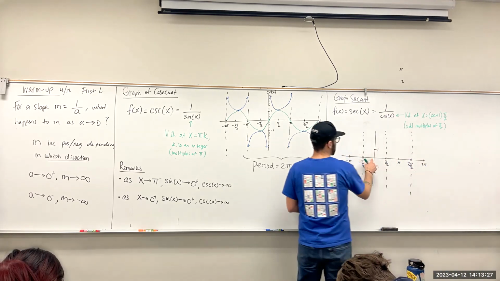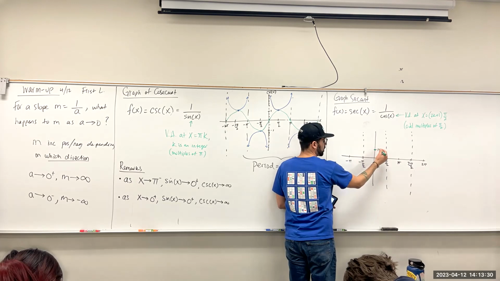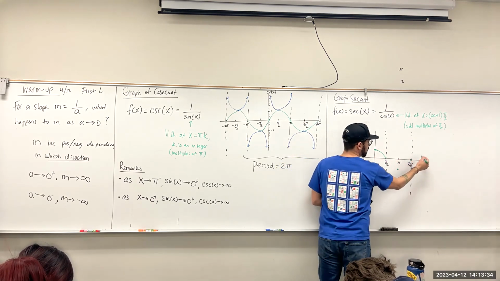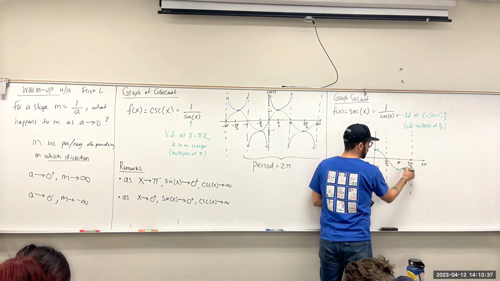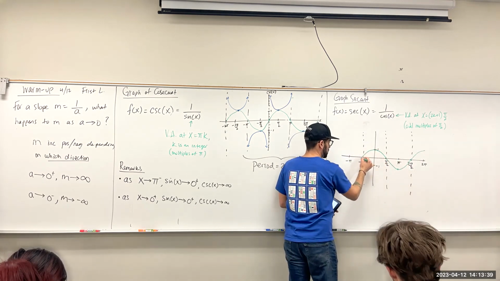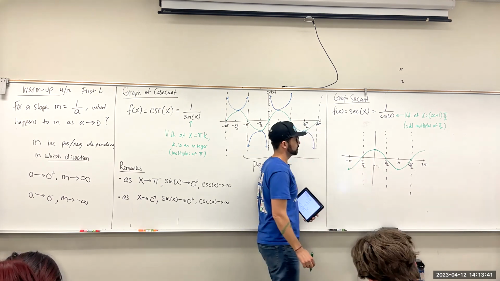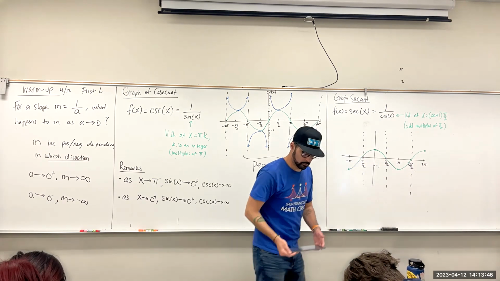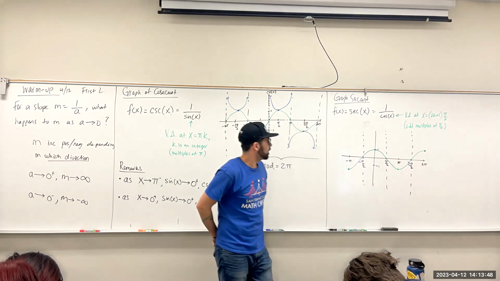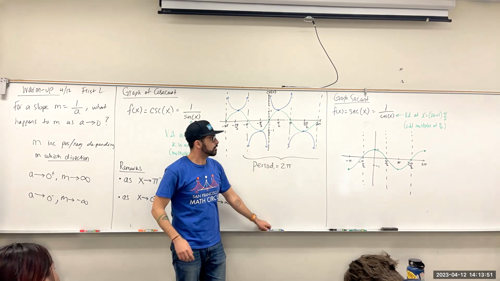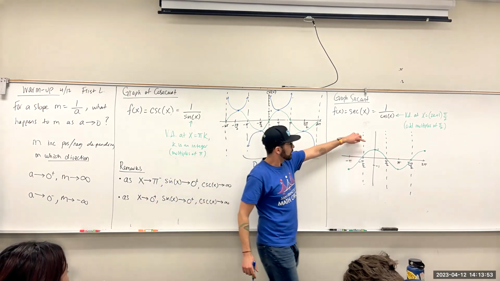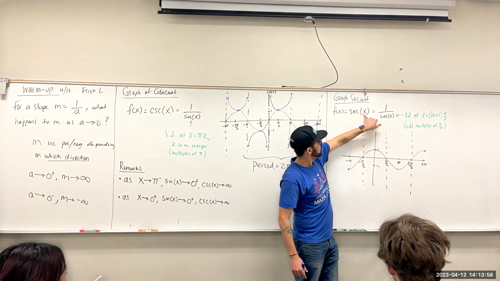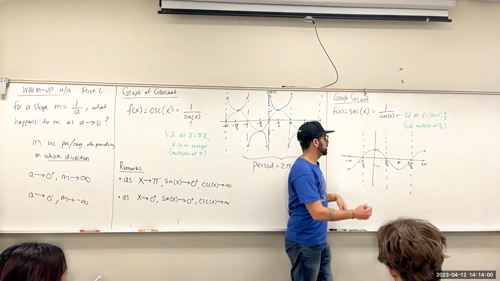So remember, cosine is 1 at 0, so it starts here, and then it shoots down, then to -1. So cosine looks like this. And similarly, as we did here, to start graphing secant, at 0, cosine of 0 is 1, so secant of 0 will just be 1 over 1, which is 1.